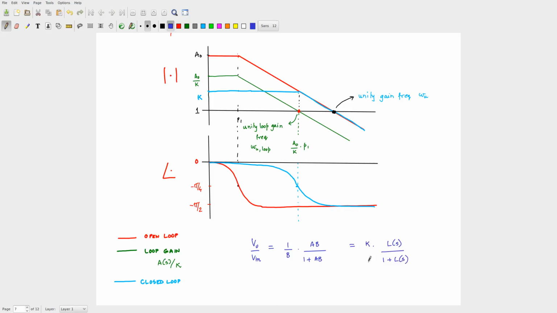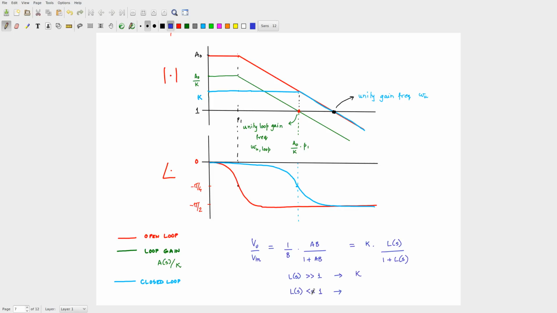Now can you take two limits, L of S being greater than 1 and the other case where L of S is less than 1, and tell me what happens to these two cases. So in this case V naught by V in becomes equal to K, and what happens to this case? Think again.